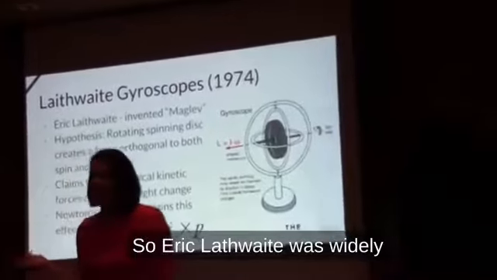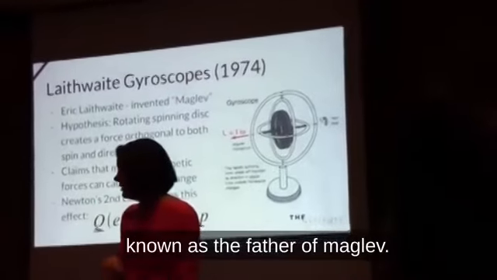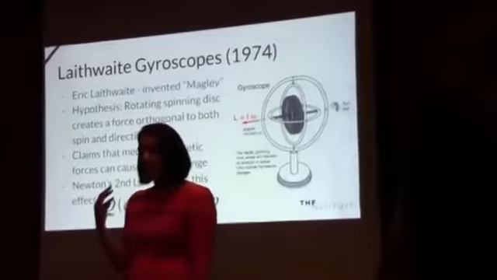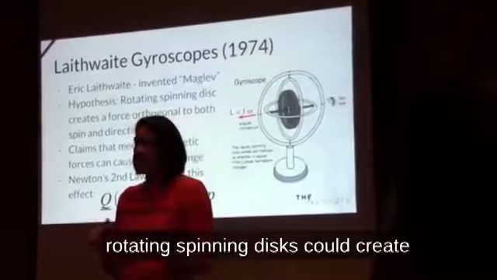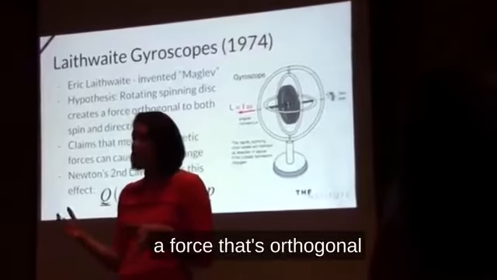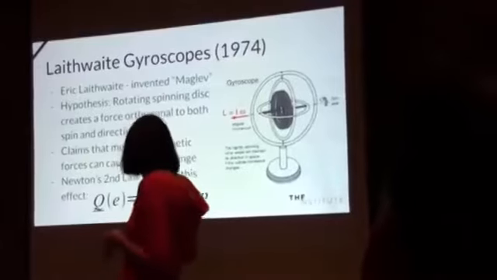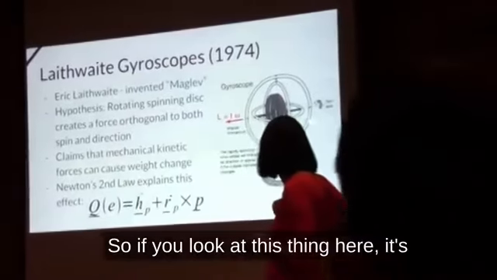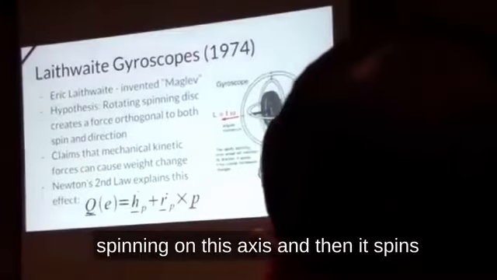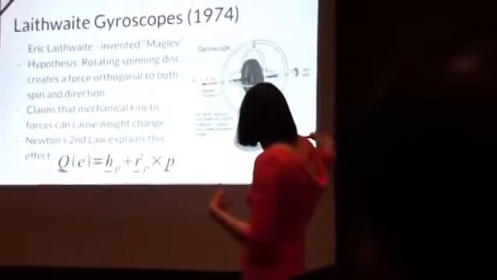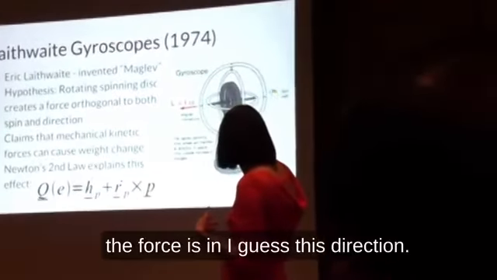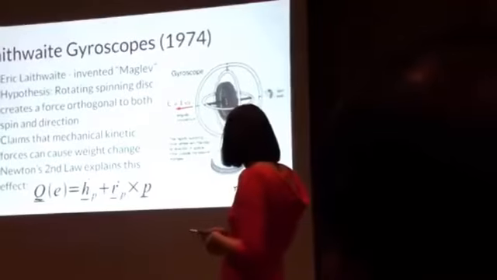There are the Laithwaite gyroscopes. Eric Laithwaite was widely known as the father of maglev. His hypothesis was that these rotating spinning discs could create a force that's orthogonal to both the spin and direction. If you look at this, it's spinning on this axis, and then it spins on this axis as well, and the force is in, I guess, this direction.